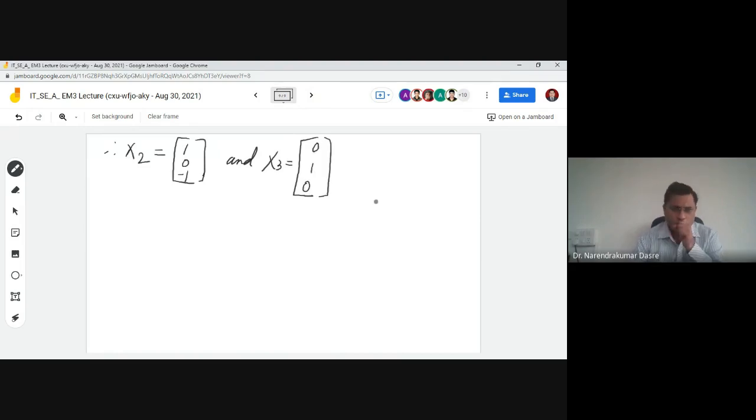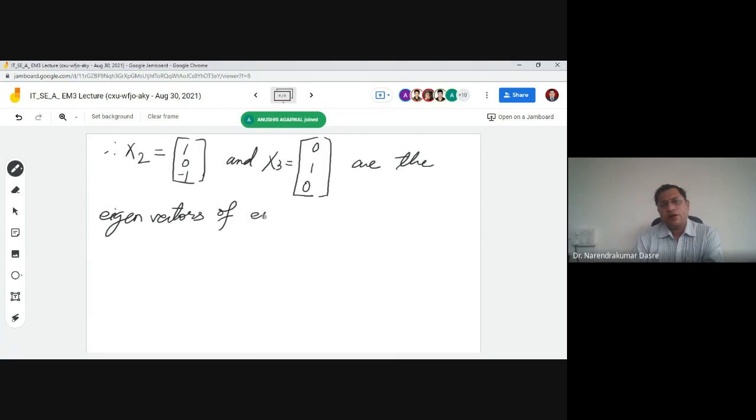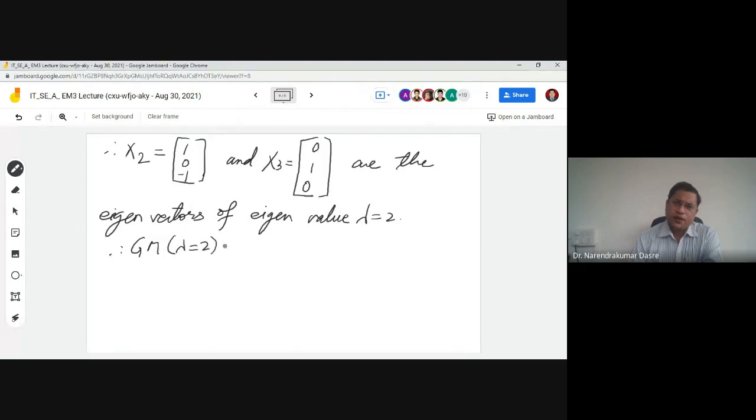Okay, so if we put any value of x2, this equation will be satisfied. So are the eigenvectors now vectors of eigenvalue lambda is equal to 2. So what is the geometric multiplicity of lambda is equal to 2?